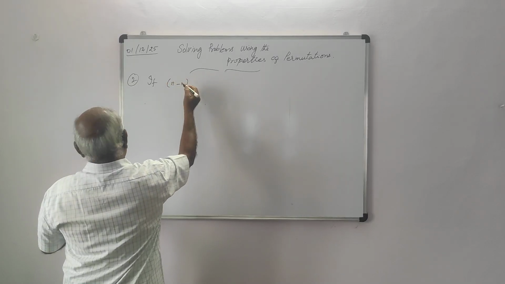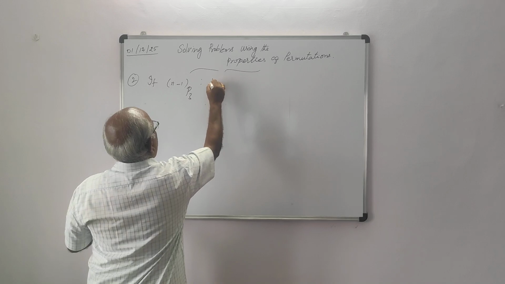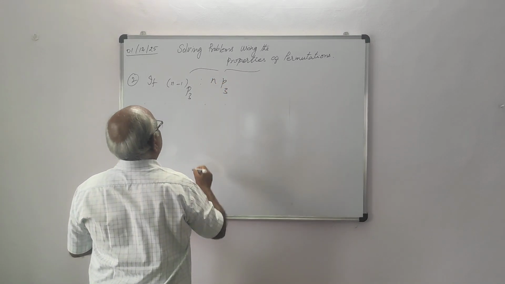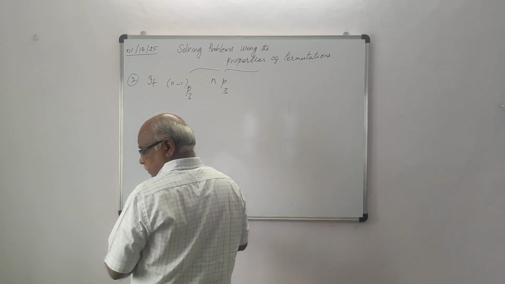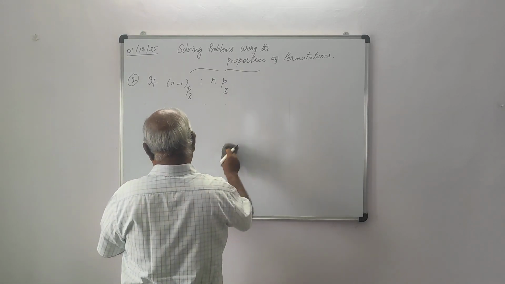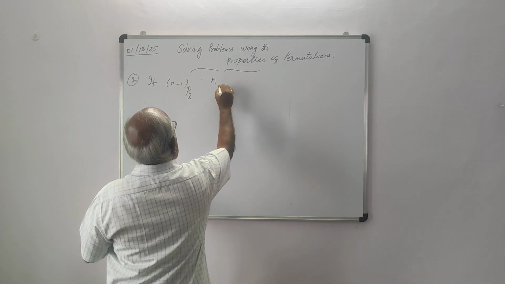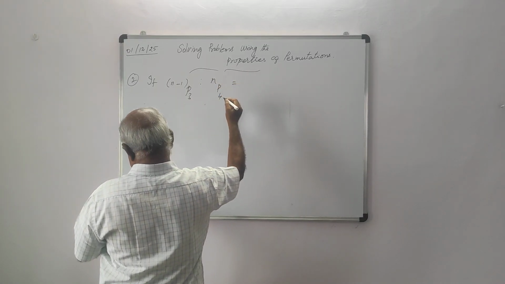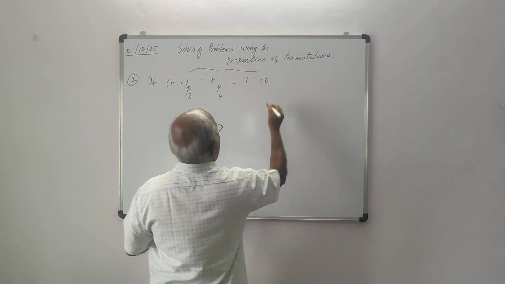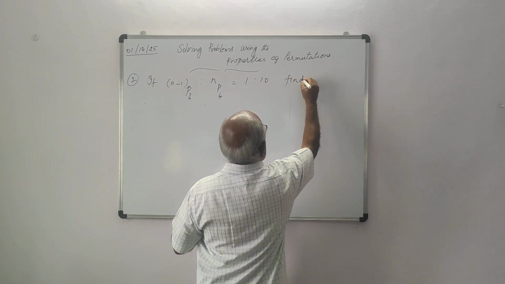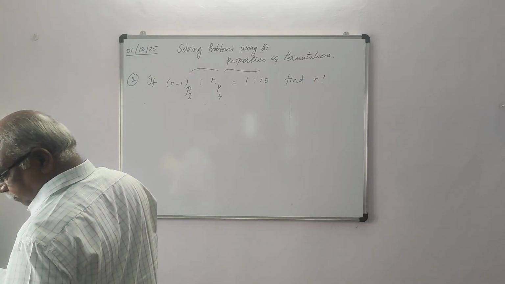If n minus 1 P3 is to nP4 equal to 1 is to 10, then find n. This is the problem. Okay.